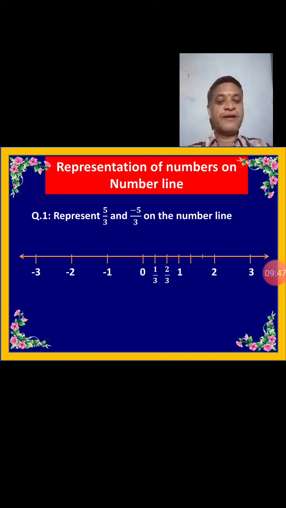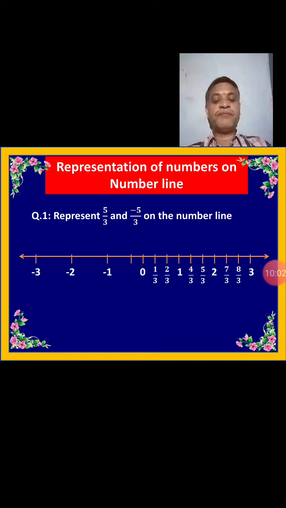So 0, 1 by 3, 2 by 3, 1 is 3 by 3. Next, 4 by 3, 5 by 3, and 2 means 6 by 3. Next, dividing into 3 parts, 7 by 3, 8 by 3, like that.